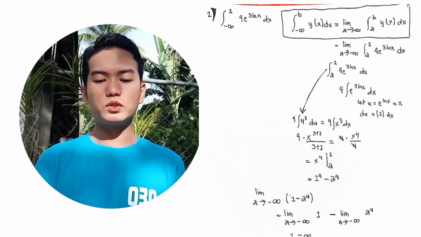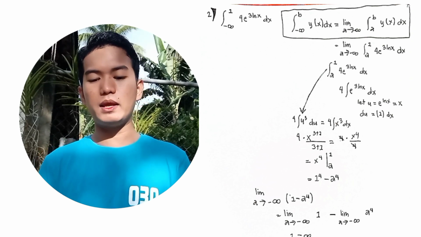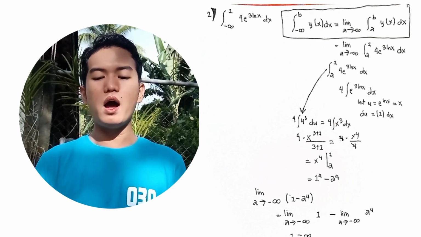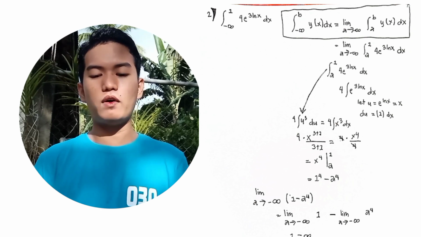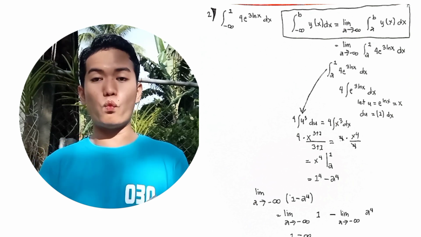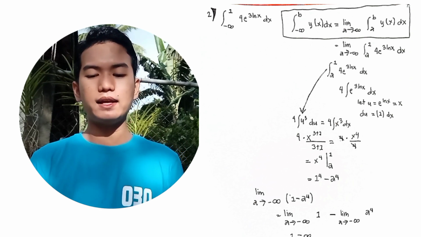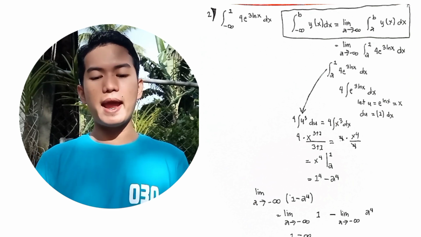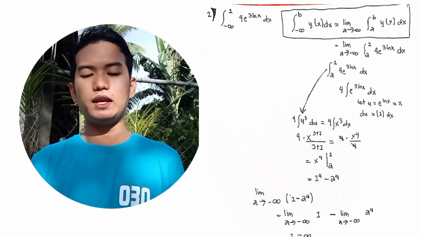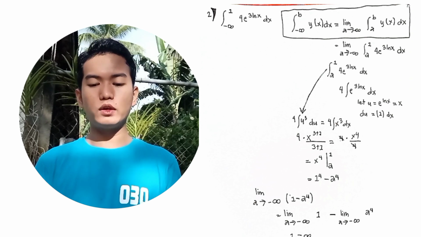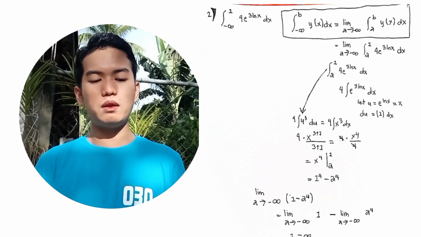So, to apply the formula, we have the limit of the integral with lower limit a and upper limit 1 of 4e to the 3 ln x dx, where a is approaching negative infinity. So we first have to find the integral before anything else.